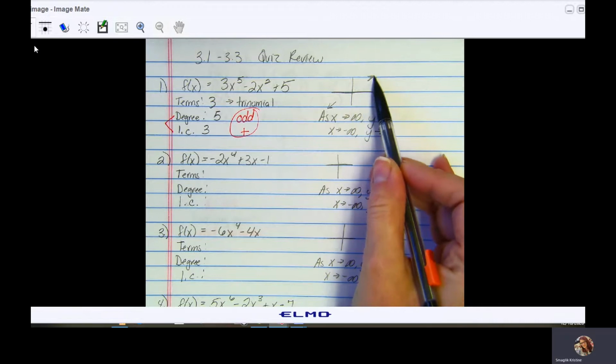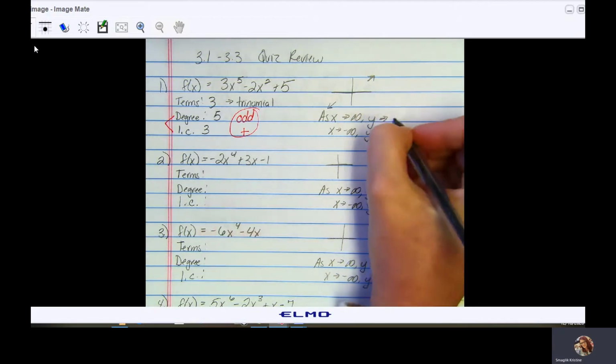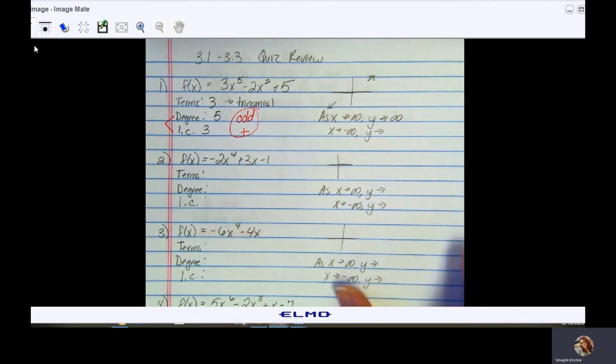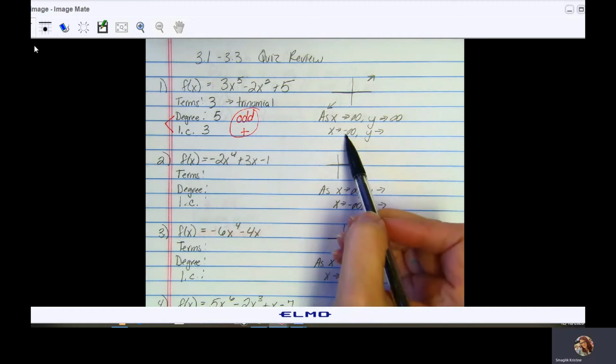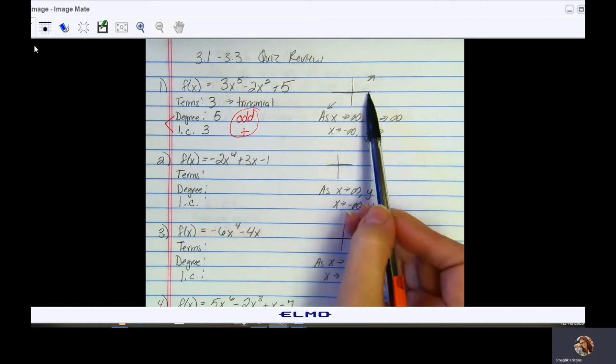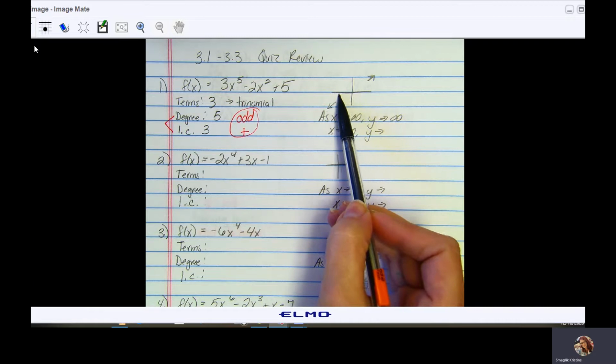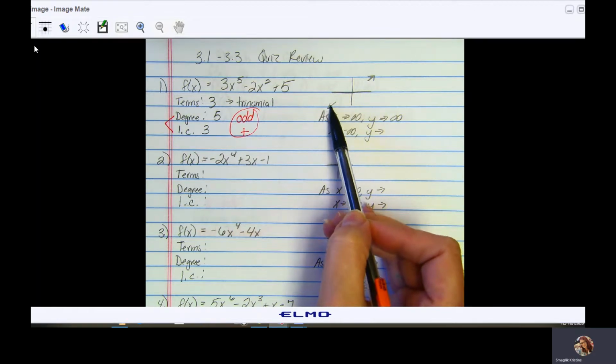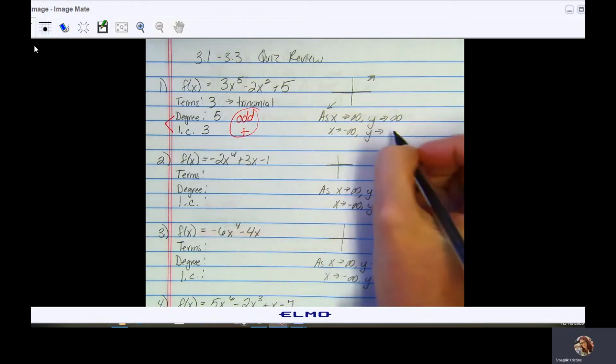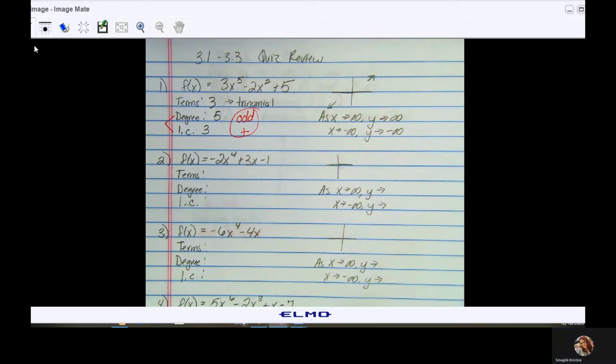Well, if you're going up, your y values are going to positive infinity. If we are moving towards negative infinity on x, so that means we're going down here, x is getting smaller and smaller. Where are the y values going? Well, the y values are going down, which means y is going to approach negative infinity.